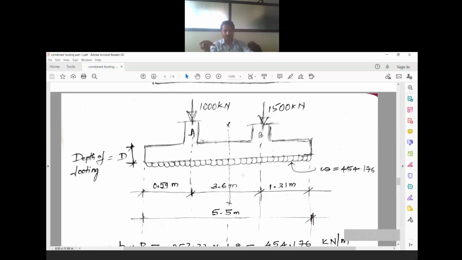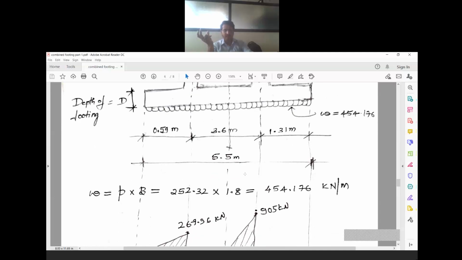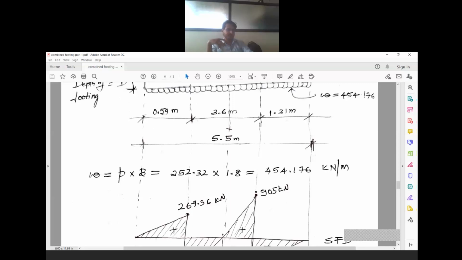Observe that it is per meter square. Now, since the foundation has a certain width, what is the width of the foundation? 1.8. So we shall convert that upward intensity, the upward lifting force, to per meter run length.